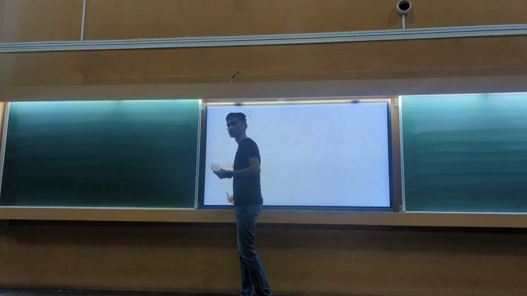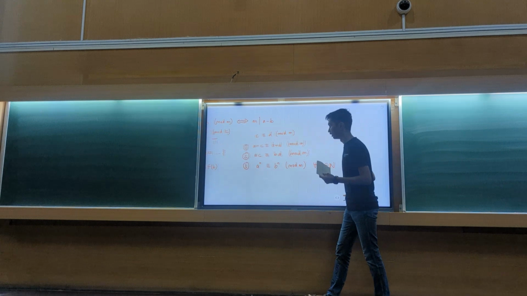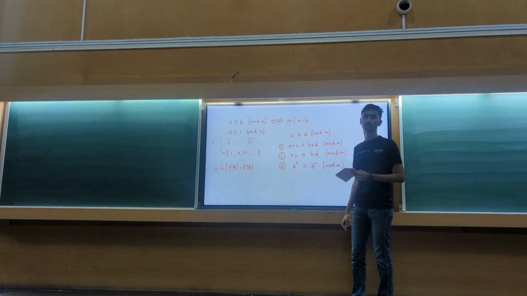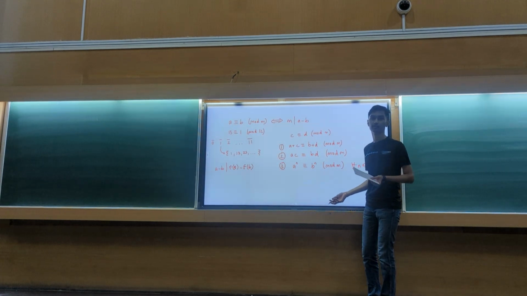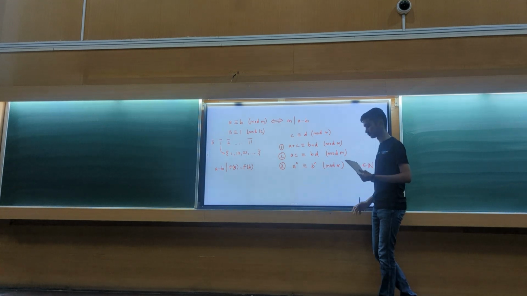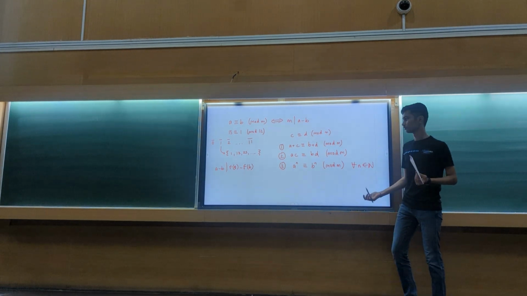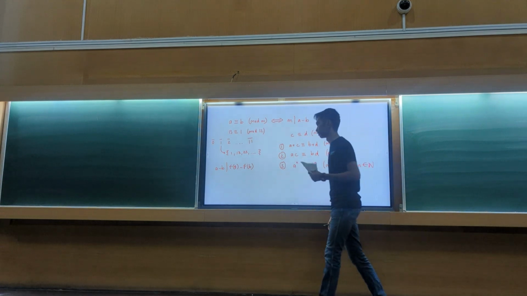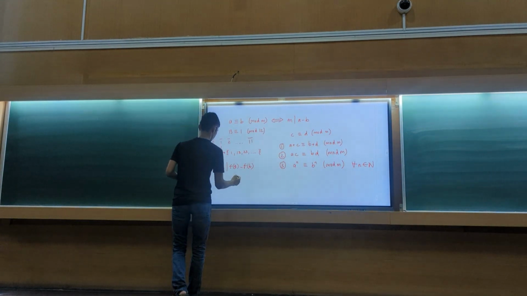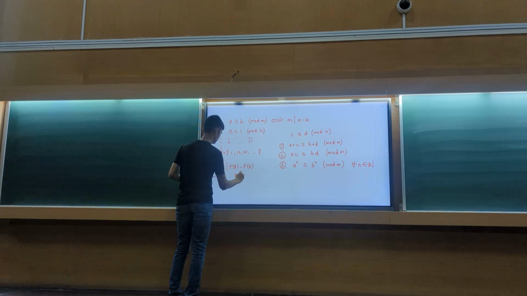What is f? Sorry, what is f? F is any polynomial with integer coefficients. Can you explain, for example, this property here? I mean, we have a polynomial f of x.